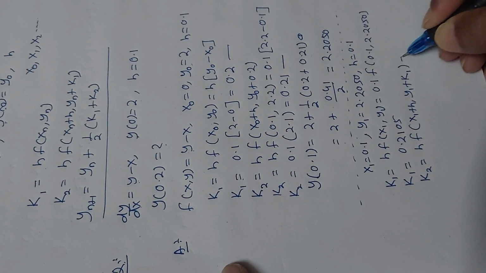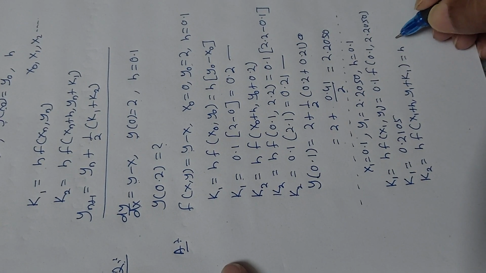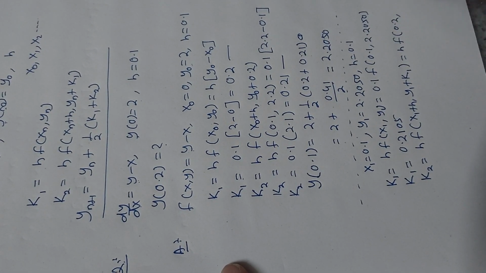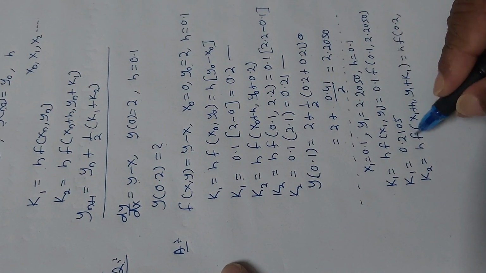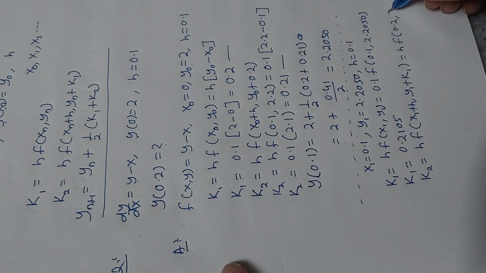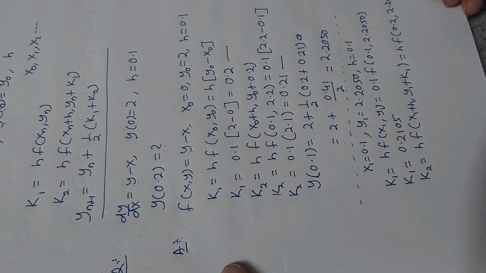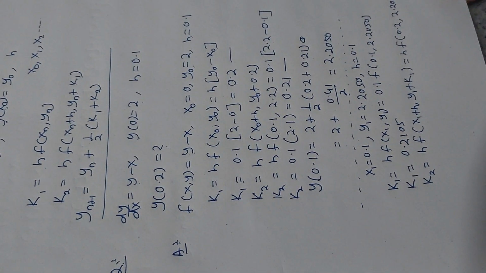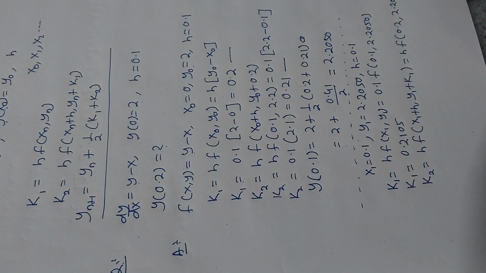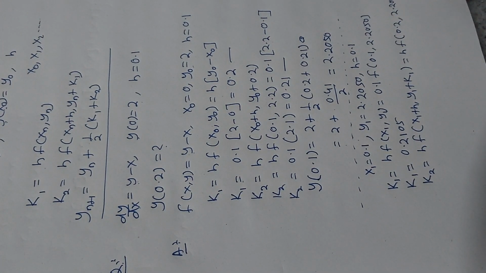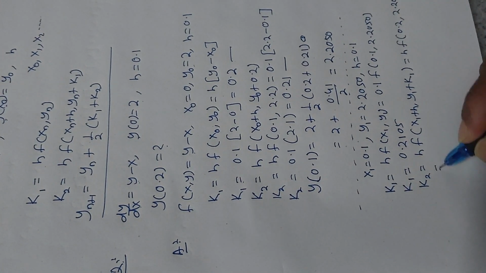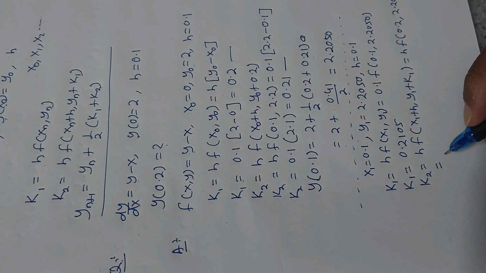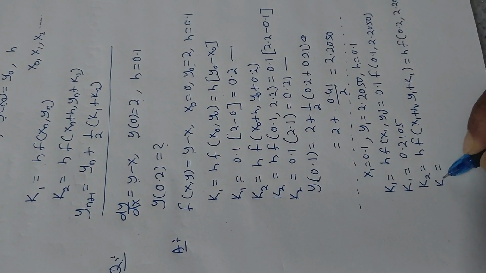Similarly, the value of k2 will be h into f of x1 plus h, y1 plus k1, which was found previously. That is h into f of x1 plus h, which is 0.2, and y1, which was 2.2050, plus k1, which is 0.2105.